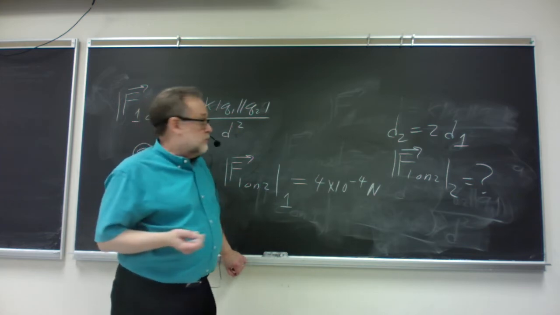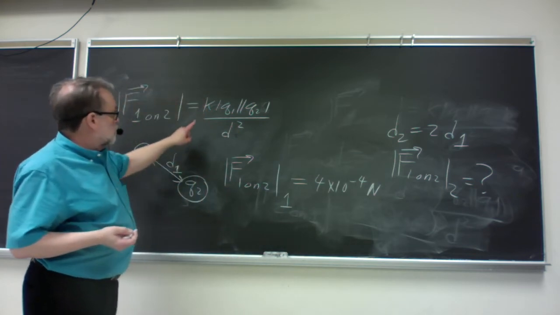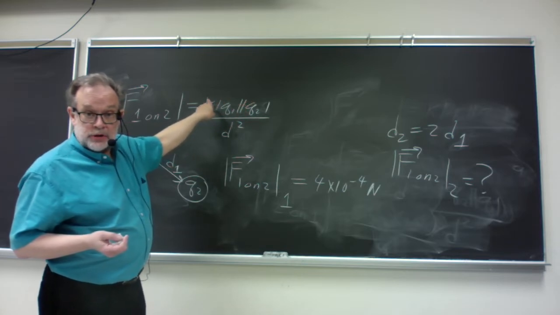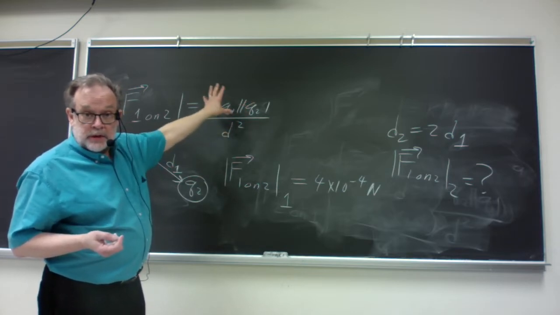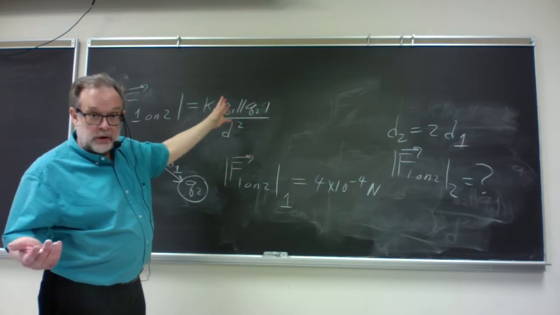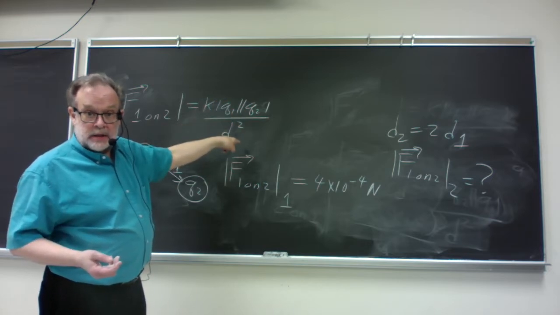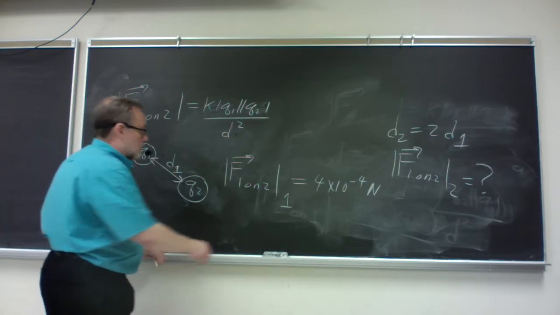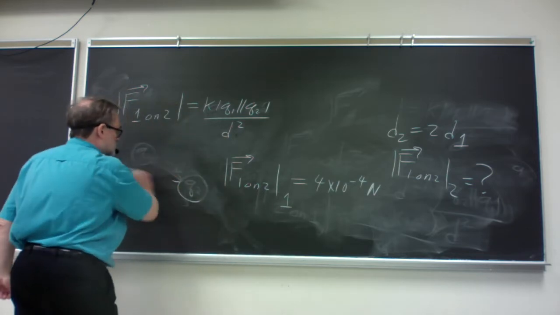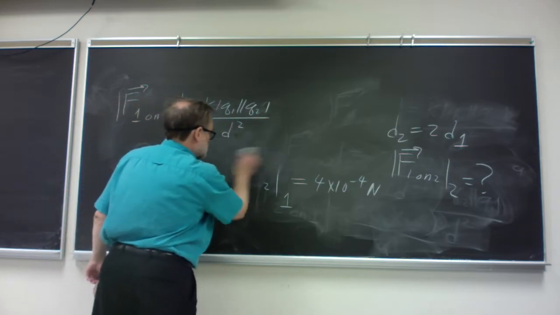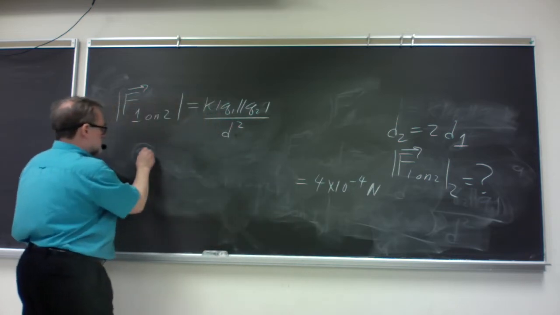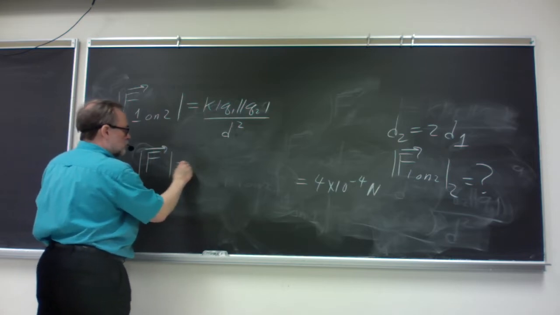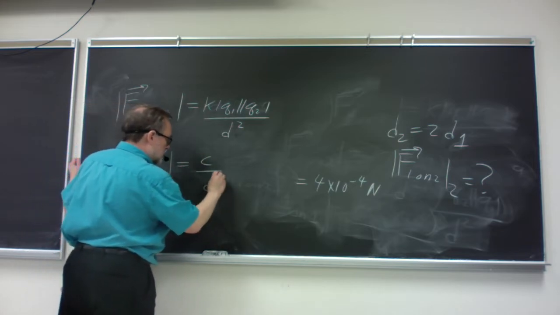Well, look at what we have here. We didn't change the charges, so nothing in the numerator has changed. The only variable on the right-hand side is d squared. So what we really have here is force equal to constant stuff divided by d squared.